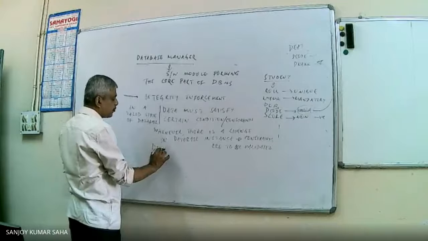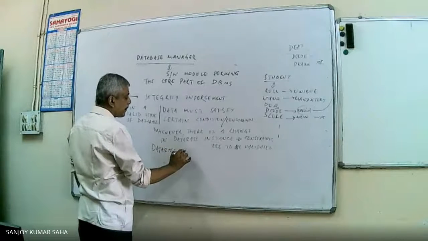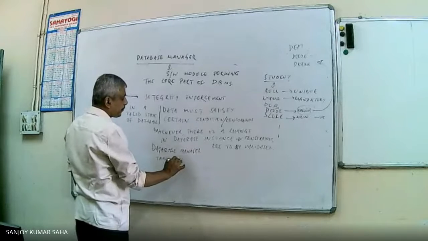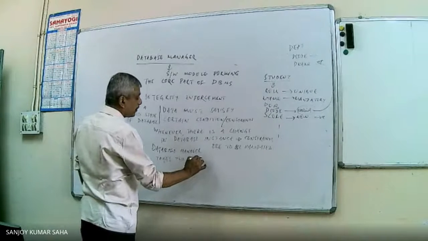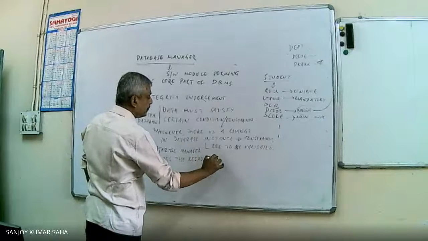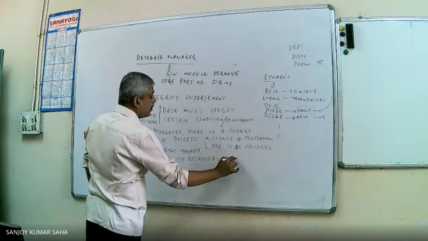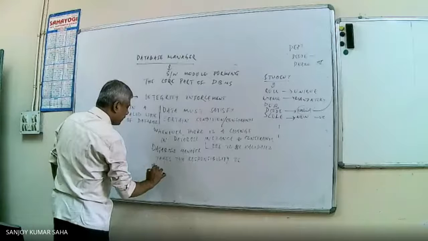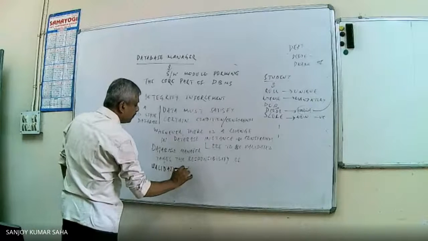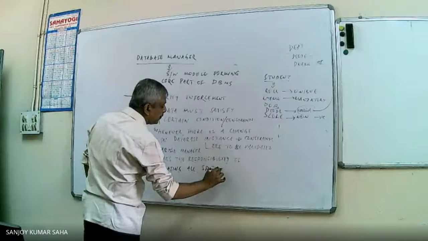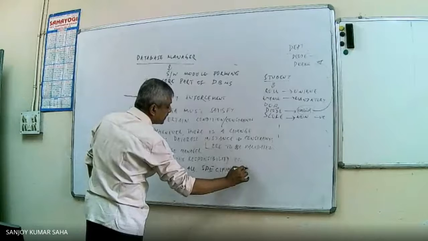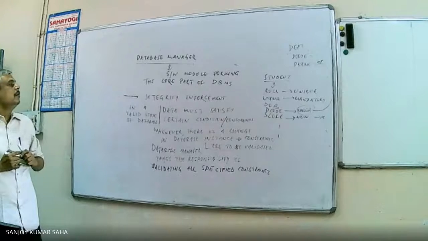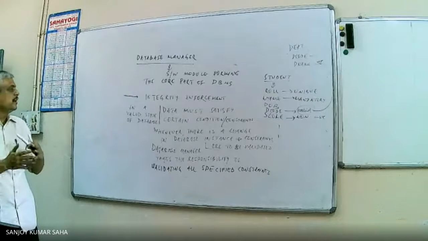But see, the database manager, this is the core part of DBMS. The database manager takes the responsibility of validating all specified constraints. Whatever constraints we have specified, it becomes the responsibility of the database manager to validate and verify whether those have been maintained or not.